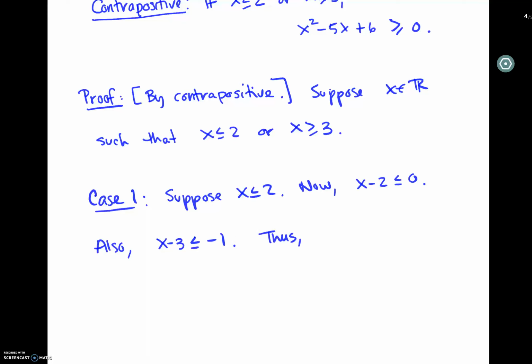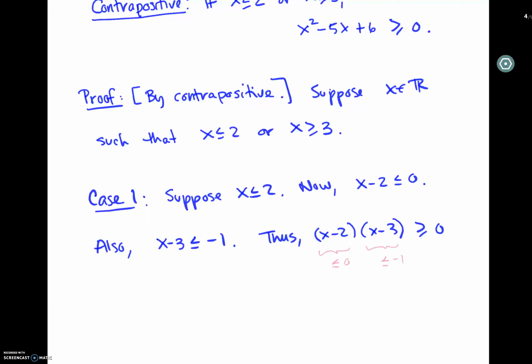Thus, x minus 2 times x minus 3 would have to be greater than or equal to 0. Why is this the case? Well, think about it. This is less than or equal to 0. This is also negative because it is less than or equal to negative 1.